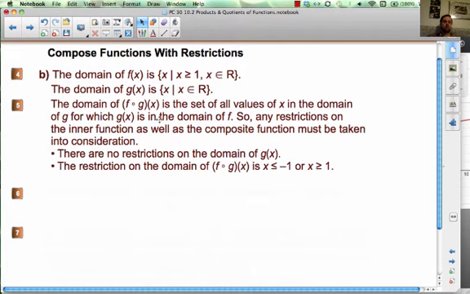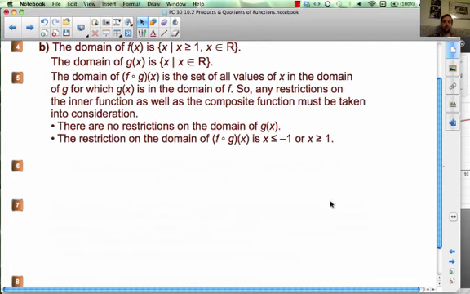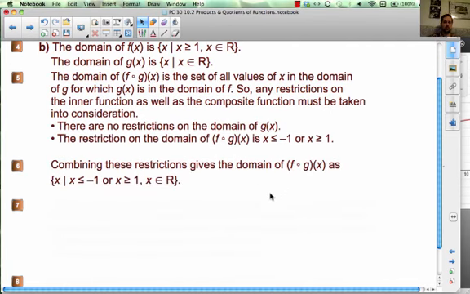Because g of x, the function, is x squared, anything that's between -1 and 1 is going to give you a fractional number or a decimal, and when we subtract 1 we're going to be trying to take the root of a negative. Sorry if that's not very clear, we'll talk about it in class tomorrow.